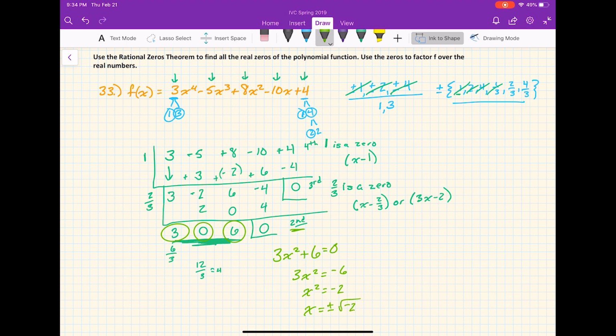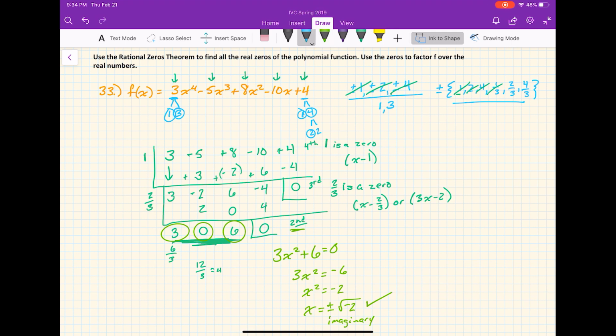And sure enough, since I have a negative under the radical, this is going to be an imaginary number. Remember back in our directions, we want to find all real zeros. So this is just a little check here. I checked through, and yes, indeed, no more 0.